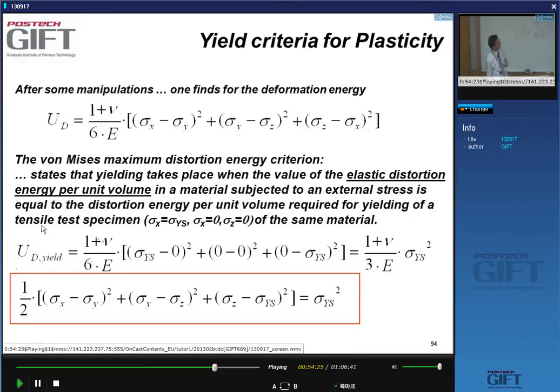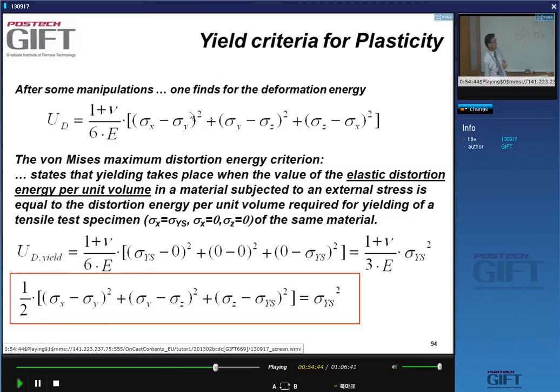So the energy needed to have the material yield in uniaxial deformation is given by (1 plus nu) divided by 3E times the yield strength squared.